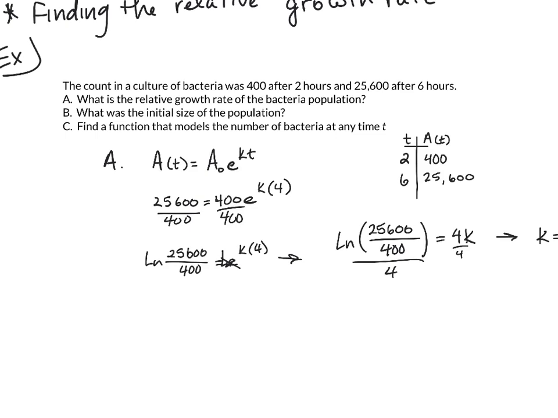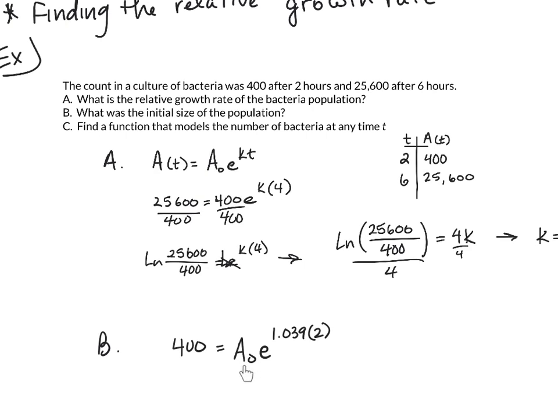So again, 400 is going to be the future amount. We need to find the initial count using the relative growth rate, and then this value of 400 occurs at time t equals 2, so we're going to use t equals 2. And again, this is an equation to solve that only has one variable.